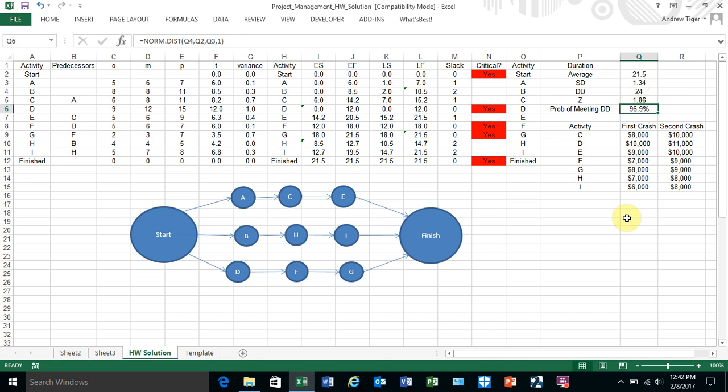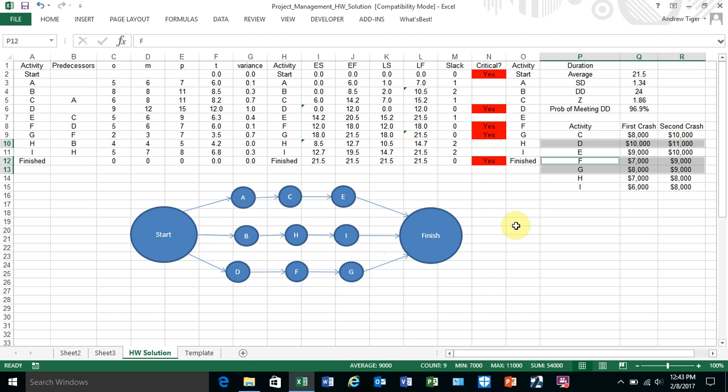Just to go into it, I think Part D talks a little bit about how to crash if you have dollars to crash. So if I had to pick these activities, and this is what the investment would cost to crash those, and I have 20 grand, which activities should I crash? Well, the only ones I should initially consider are D, F, or G. And all you're trying to do is find which one is the cheapest to crash.